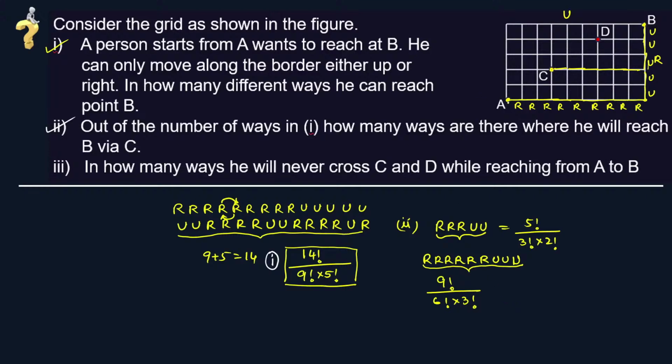So the number of ways the person can reach from A to C is this one, and the number of ways the person can reach from C to B is this one. Therefore, the total number of ways the person can reach from point A to point B via C will be factorial 5 divided by factorial 3 into factorial 2, multiplied by factorial 9 divided by factorial 6 into factorial 3.